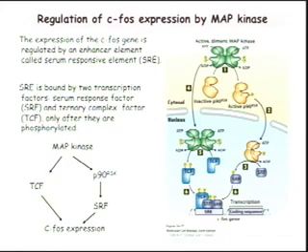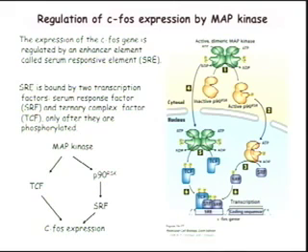So MAP kinase phosphorylates this kinase called P90 RSK. P90 means a protein of 90 kilodaltons, and the name is RSK. I can't remember what RSK stands for, but essentially, it's just another kinase. Okay? So MAP kinase phosphorylates RSK, which is activated, and this kinase then in turn phosphorylates serum response factor.